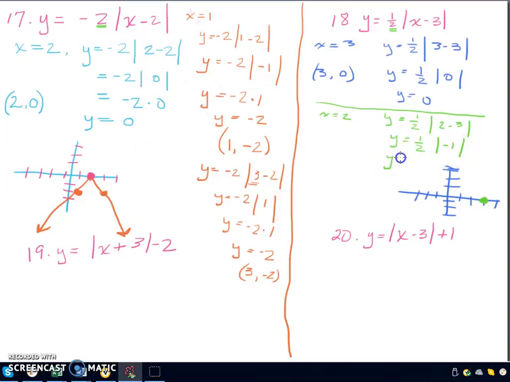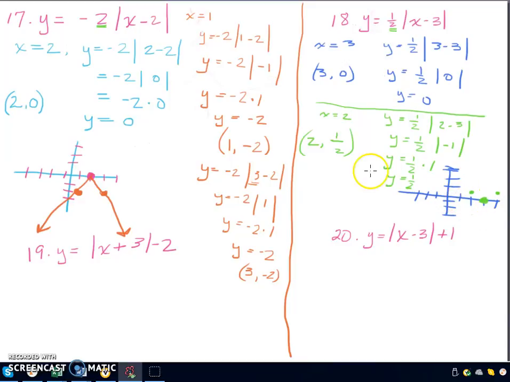This becomes y is equal to 1/2 times 1, which is therefore y is equal to 1/2. So when x is equal to 2, y is equal to 1/2. So therefore we should know when x equals 4, it's going to also be 1/2.